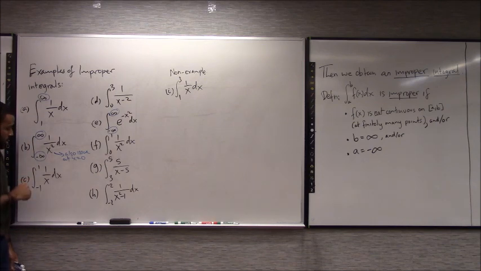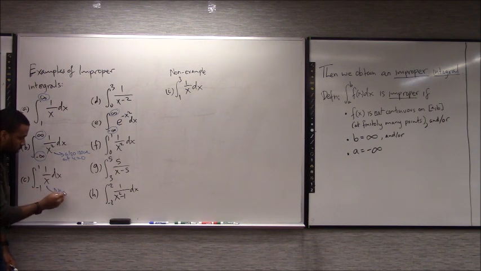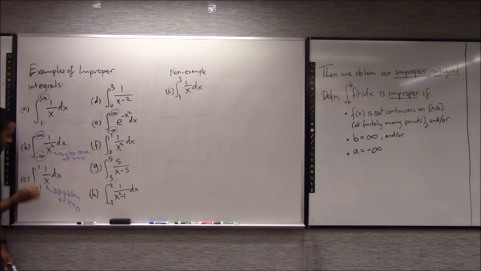Why is this improper? 0. Right, again, problem at x equals 0. Now, x equals 0 does not show up in the limits, but it is in between the limits. It's on the interval, because if I'm moving from -1 to 1, I'm going to have to pass 0 at some point.